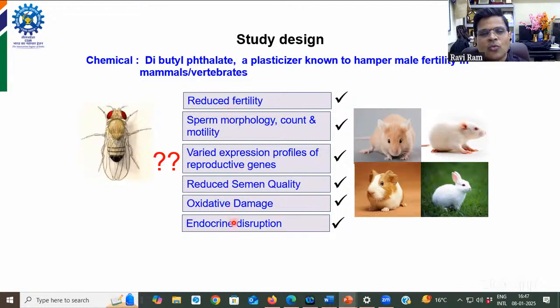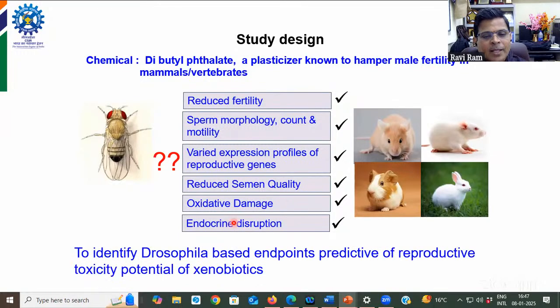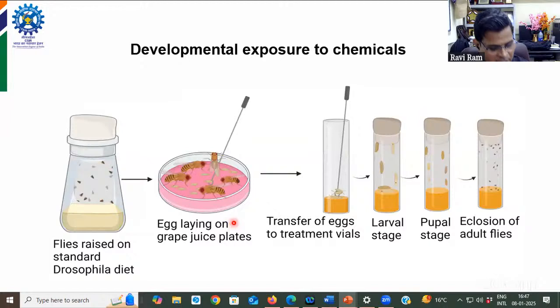So I'm going to go one by one in terms of how we do it. Basically, for the exposure, what we do is we first collect the eggs laid by the females, which are generally the fertilized ones that we take. We don't take the unfertilized eggs because we utilize females that are mated only. We don't utilize the virgin females.